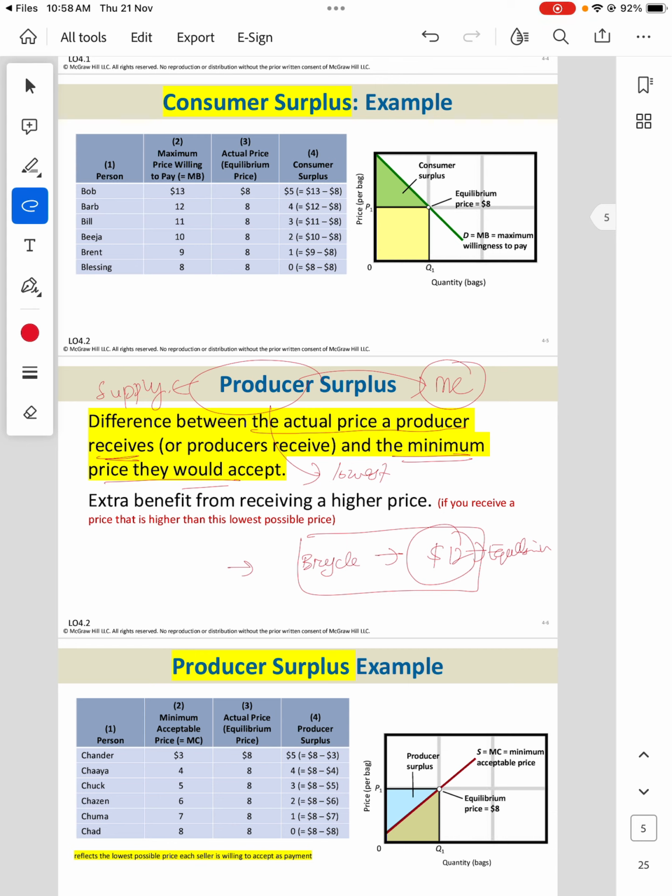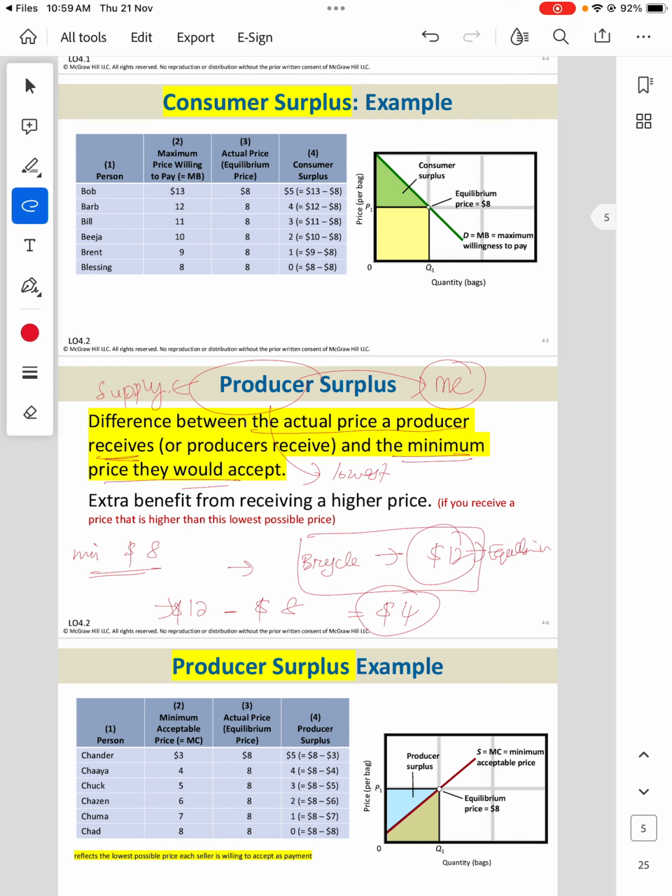But this producer can produce a bicycle at a lower cost than that, for example, at a minimum cost of $8. So this producer will make a surplus of the equilibrium price, the actual price, $12, minus the minimum cost of 8.